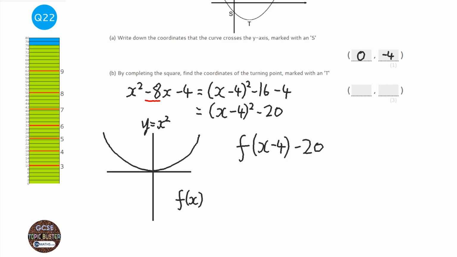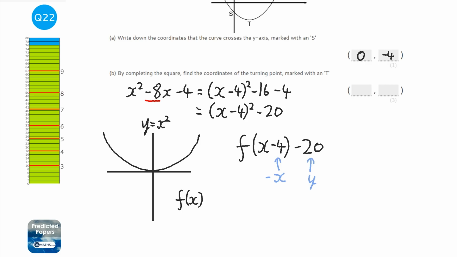So think about functions. What do the bits do? Anything in the bracket moves it in the opposite direction on the x-axis, so minus 4 would move it 4 to the right. Anything outside will shift it on the y-axis, and actually it will be in the correct direction. So anything inside the bracket affects the x in the opposite direction, and anything outside the function will just affect the y.